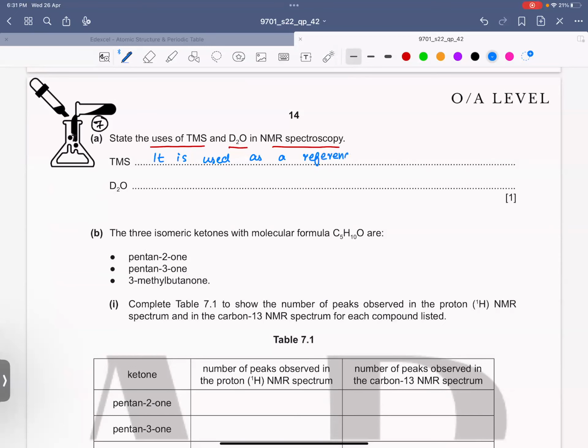And D2O is used to identify NH and OH bonds. OH or NH. These protons which I underlined, these hydrogens will be identified.